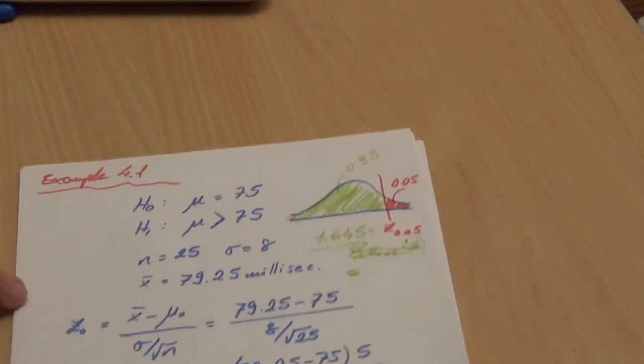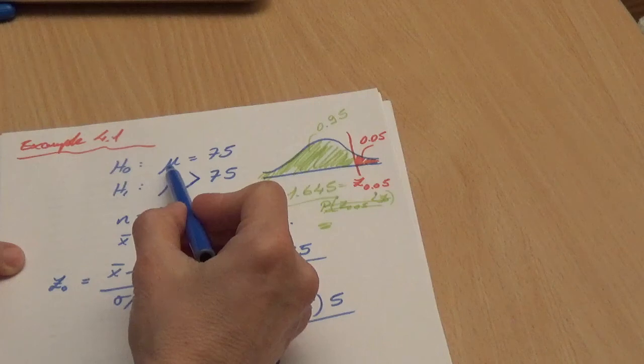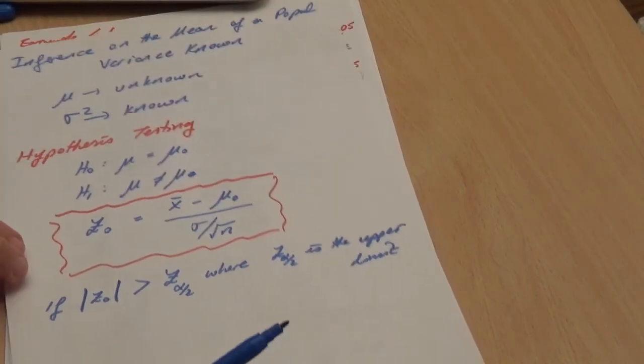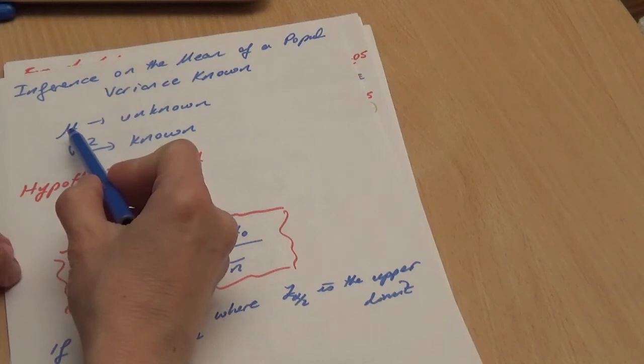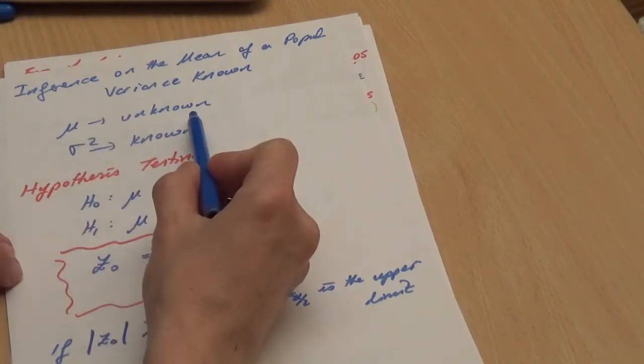The null hypothesis says the population average is equal to 75. Now, in this situation, we didn't know the population average. This was unknown.